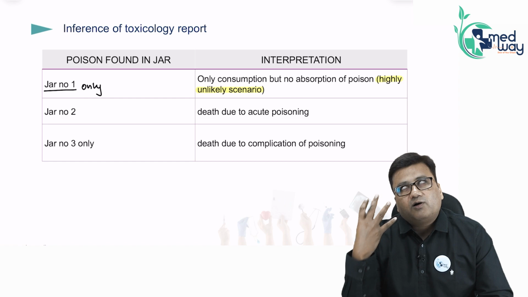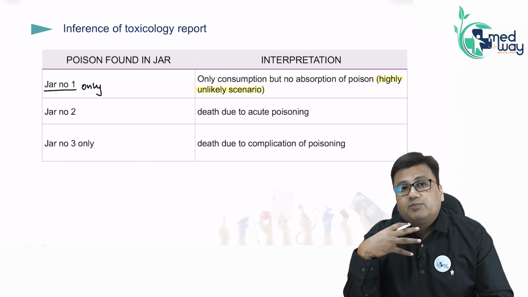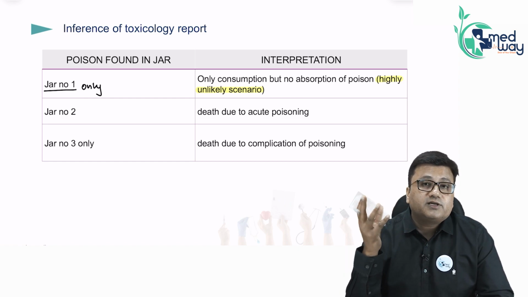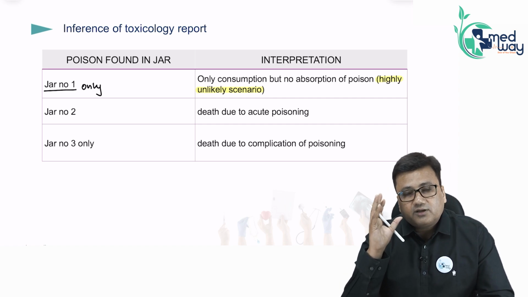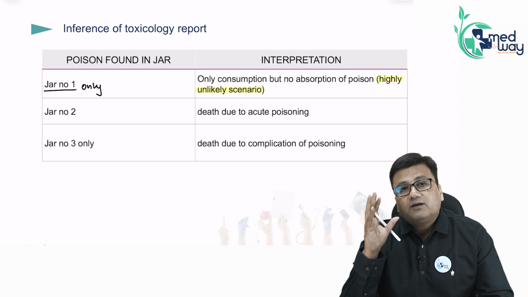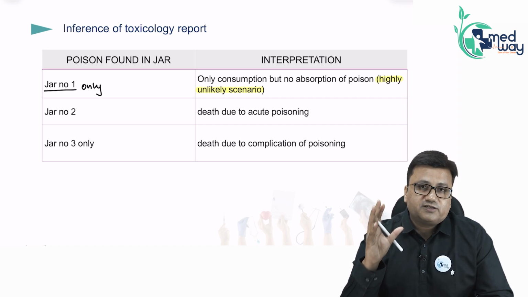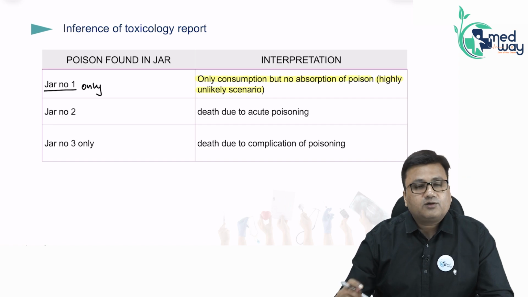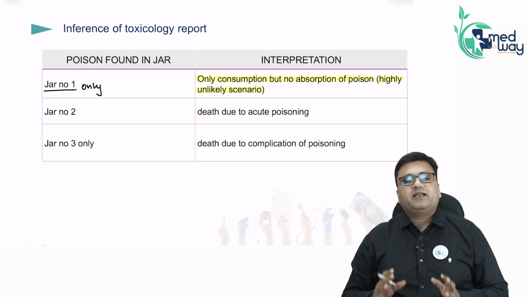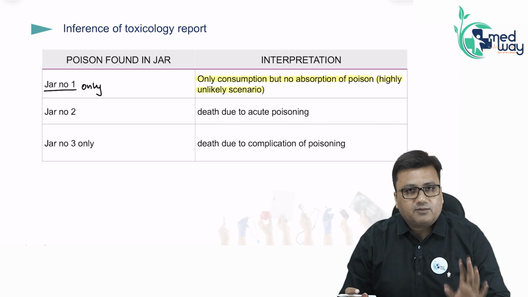So, whatever has been found, it was ingested, but it never got absorbed, because it is only found in jar number 1. But for theoretical reason, what would be the interpretation of this finding? Only consumption but no absorption of poison. Now, this is highly unlikely. Normally, this kind of report should not come.